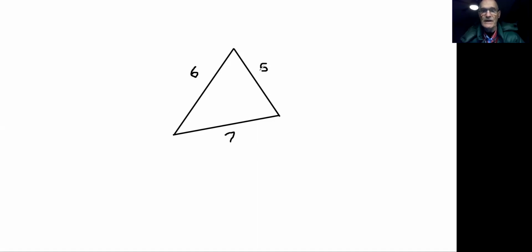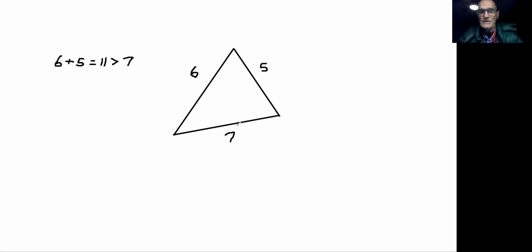So for instance, if we have 6 and 5 here, 6 plus 5 equals 11, which is greater than 7, which is the third side.